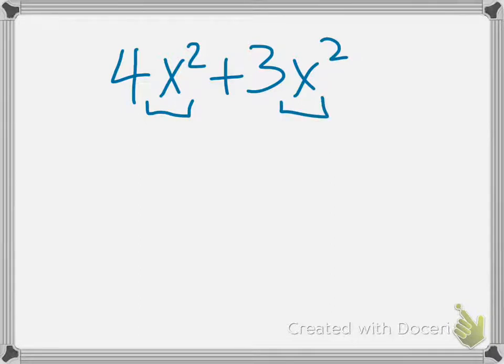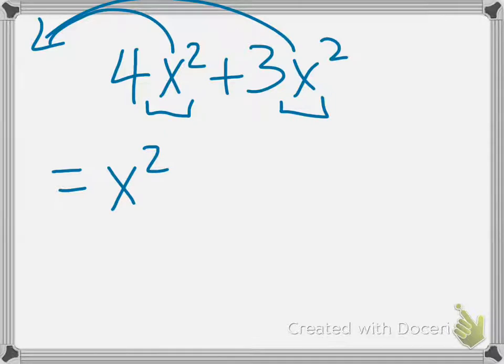So the name of the game right here is we're going to take an x squared out. You're factoring it out because they have something common. So my answer would technically be x squared times what? 4 plus 3, which you technically can solve, and that's 7, right? But do you see what is being done so far? You have to find what they have in common.